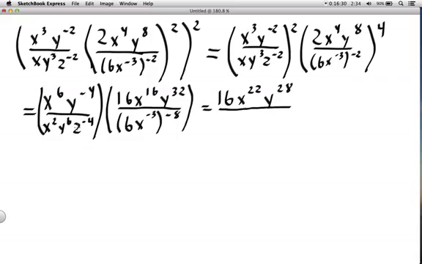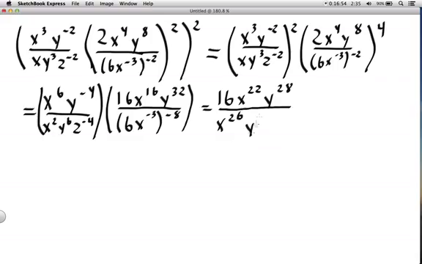And now down here, we have x squared. Where's our other x? It's inside here. X to the negative 3 to the negative 8. So we multiply these two exponents together and get x to the positive 24 times x squared. We add the exponents, so we'll get x to the 26th.